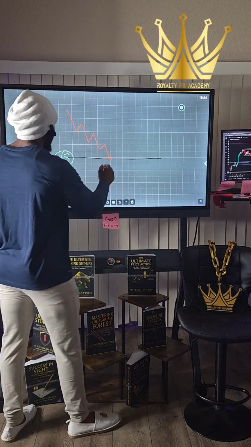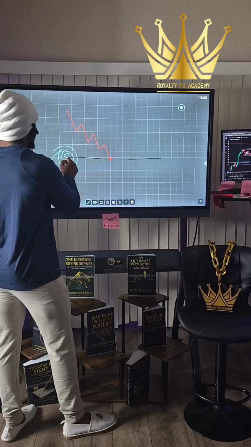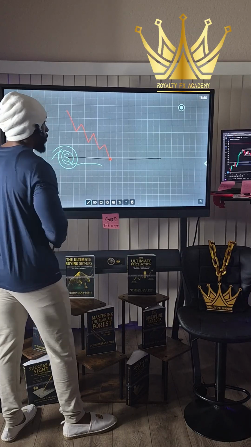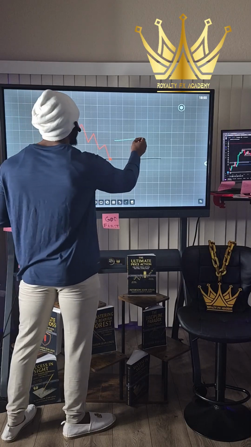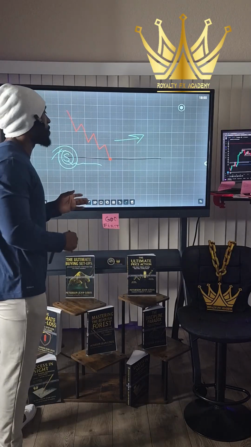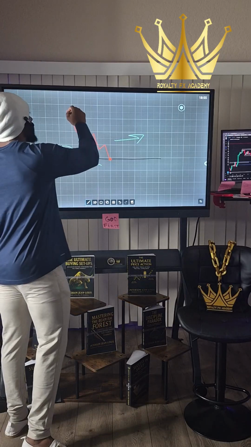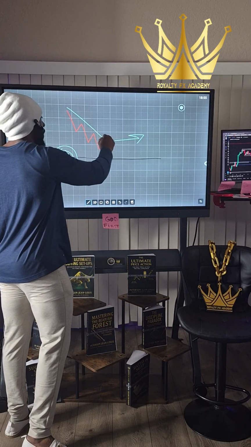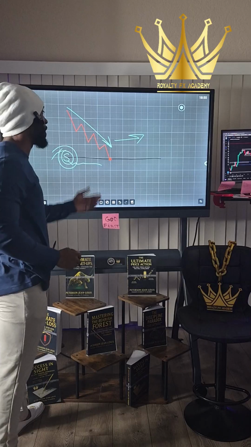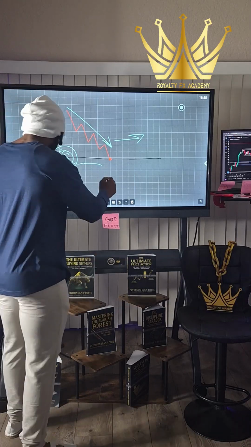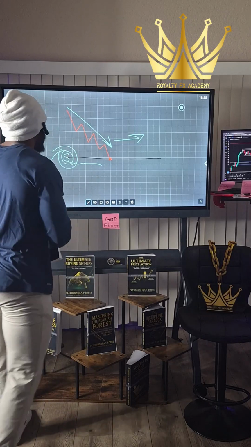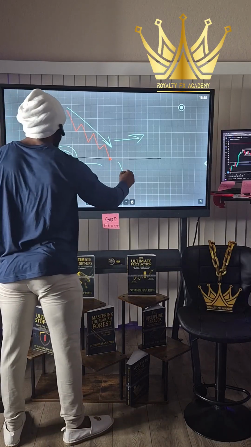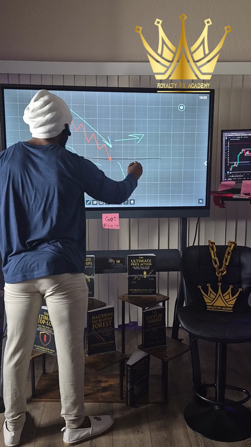If you go based off, oh man, it is a support zone, I have to buy it, now you're going to have a one mindset. You're just going to be so stuck on buying the market when the market was in a downtrend. It was a selling market. It just happened to hit a zone. Please remember that as the market falls, it gives you a lower low to give you a lower high.